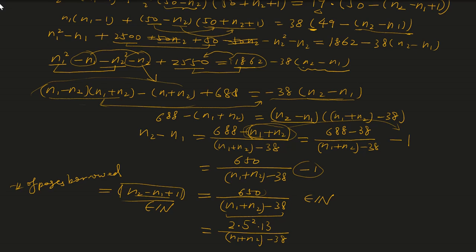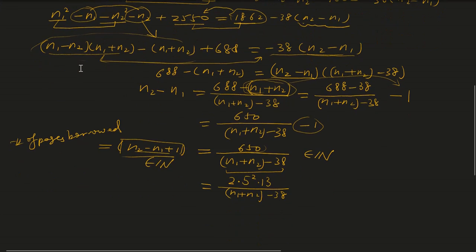Up to now, you may have realized that the final part of this problem becomes a number theory problem, and that is exactly correct. Then we know that this one, n2 minus n1 plus 1, must be a factor of this number, which is 650, right? This is the prime factorization of that.